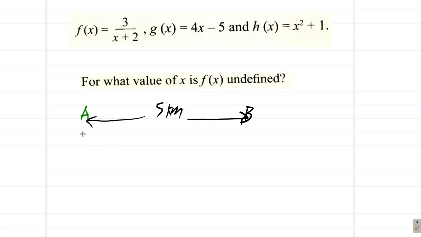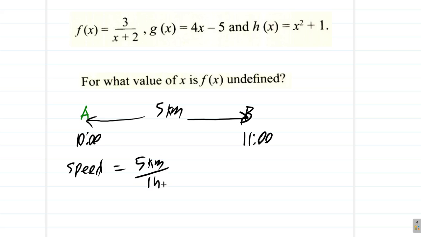You're at A at 10 a.m. and at 11 a.m. you find yourself at B. Your speed will be the distance 5 kilometers divided by the time 1 hour. So you move at 5 kilometers per hour.